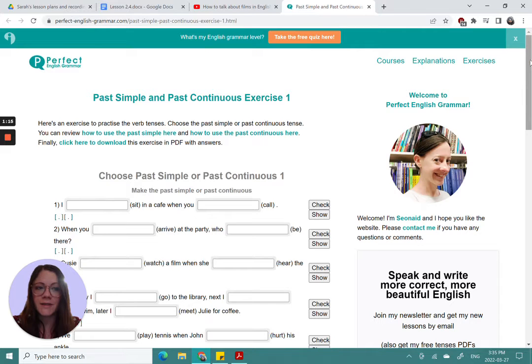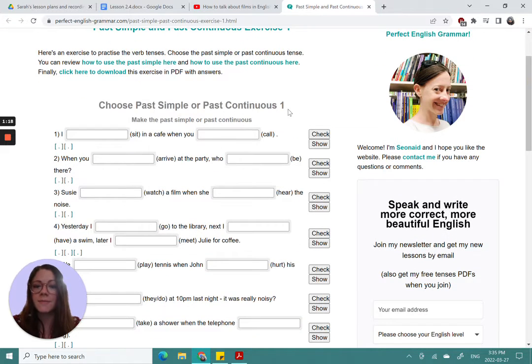You will fill in either the past simple or past continuous into these forms. For example, "I blank would sit in a cafe when you blank call." This one would be "I was sitting in a cafe when you called."